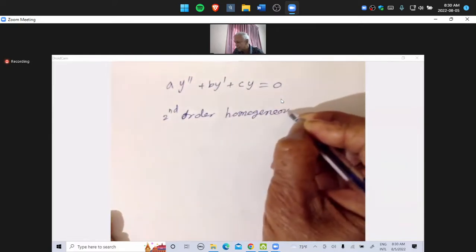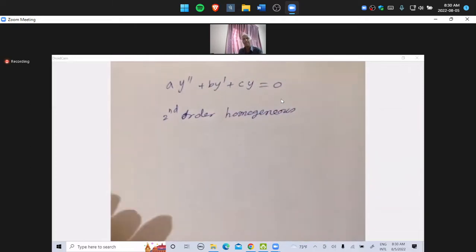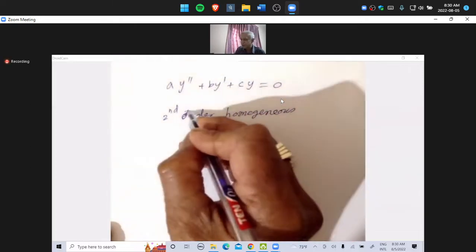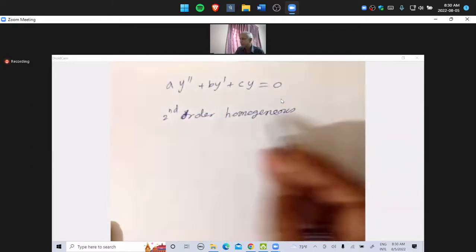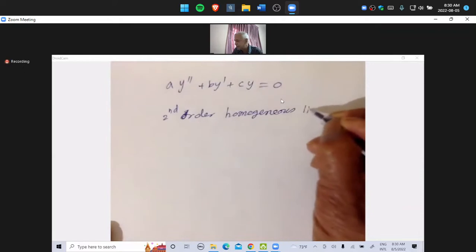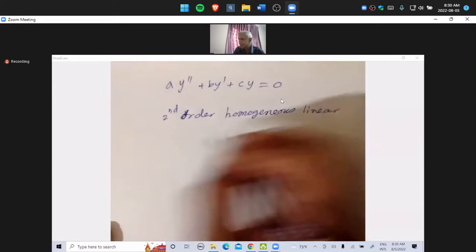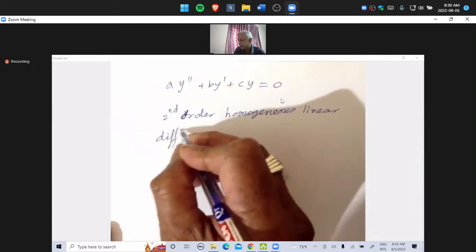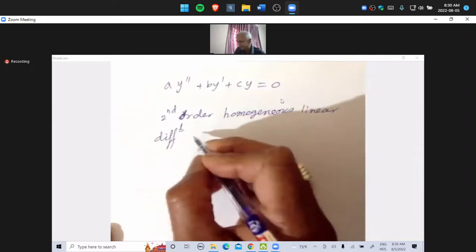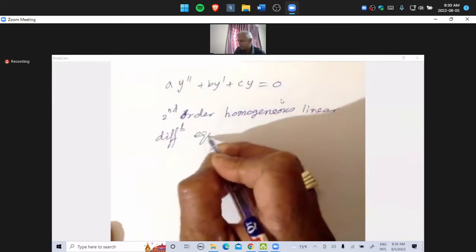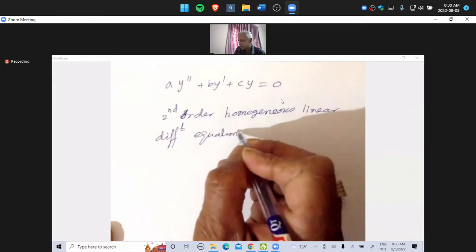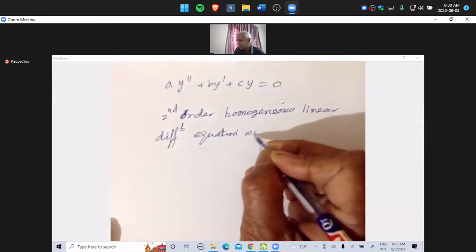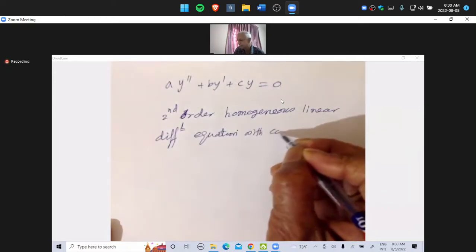If you recognize this, it is a second order homogeneous linear differential equation with constant coefficients.